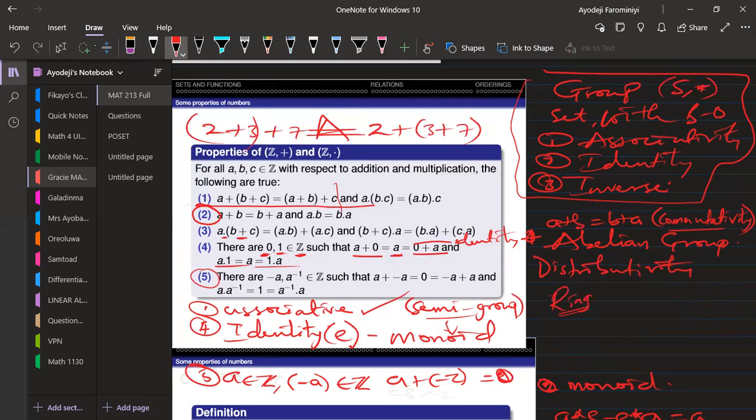Let me just tell you that if in addition to all of this, the group also satisfies property number 3, that is a dot (b plus c) equals ab plus ac, then we say it is distributive from the left. So this is left distributivity.